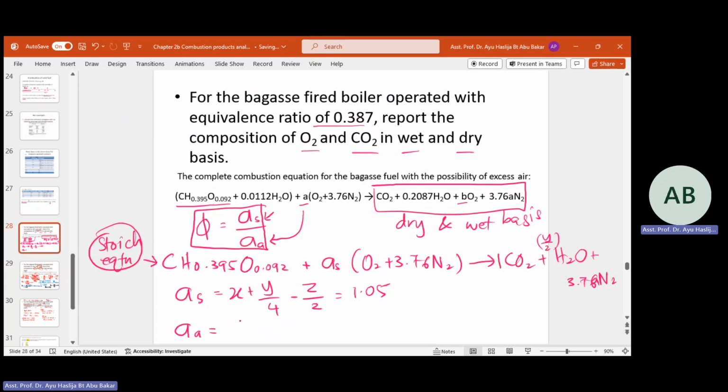So this one means A stoic over equivalence ratio. Betul, dapat. Okay, combustion. Now sekarang kita dah dapat A actual. A actual is 2.601.